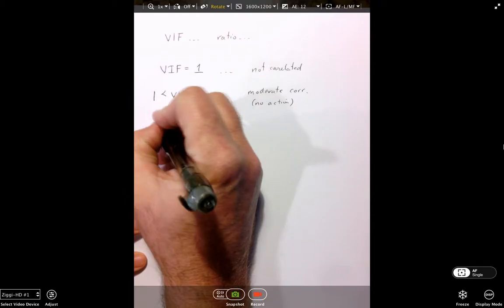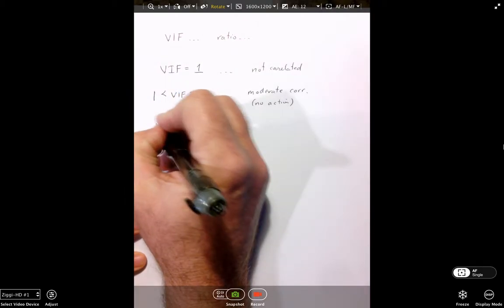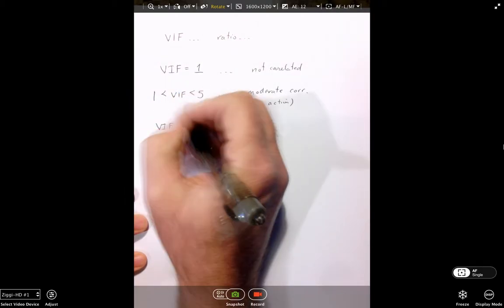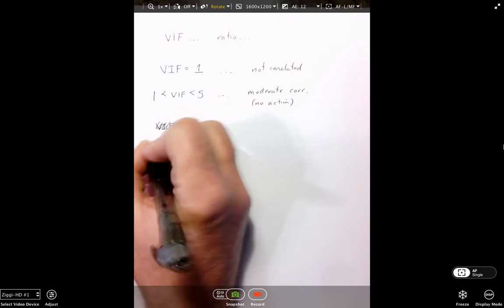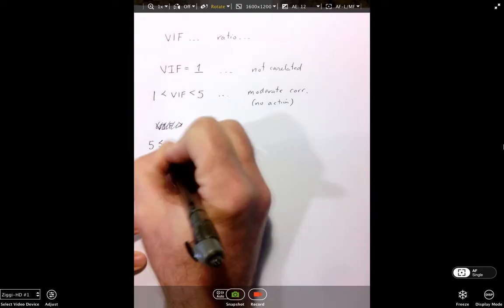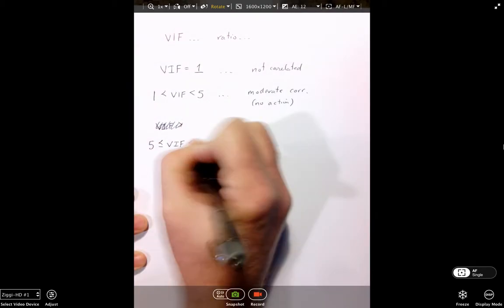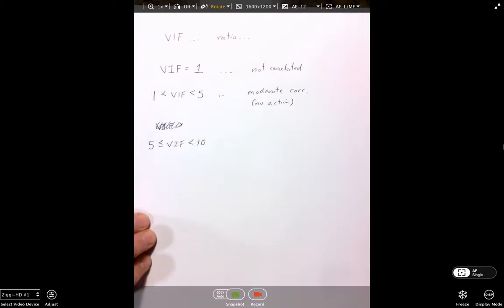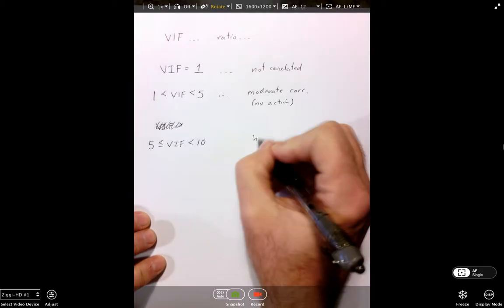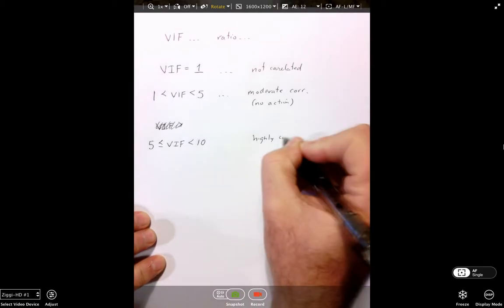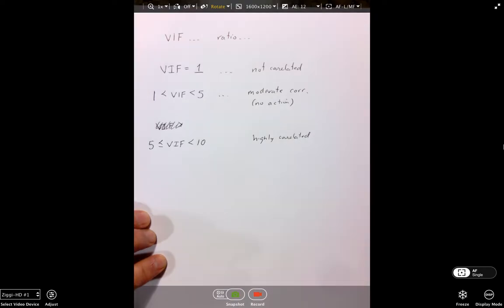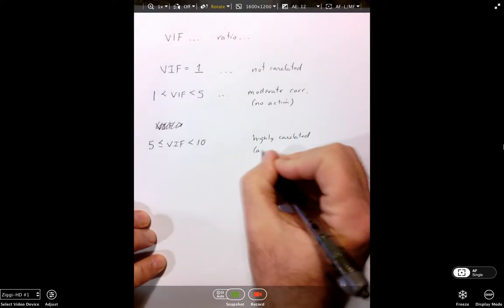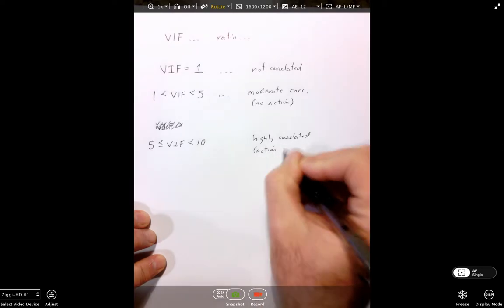A variance inflation factor of 5 or higher, but less than 10, to me indicates highly correlated predictors, and remedial action is possible.